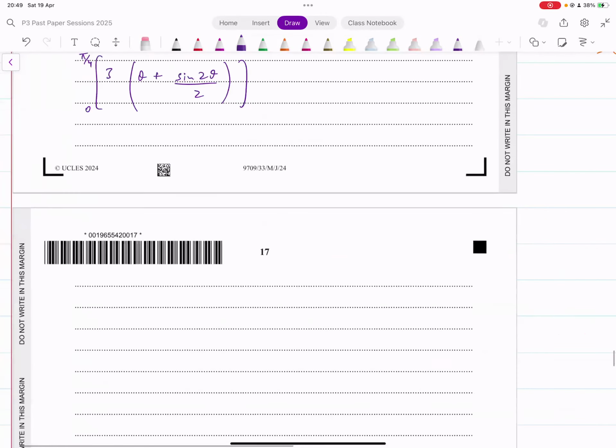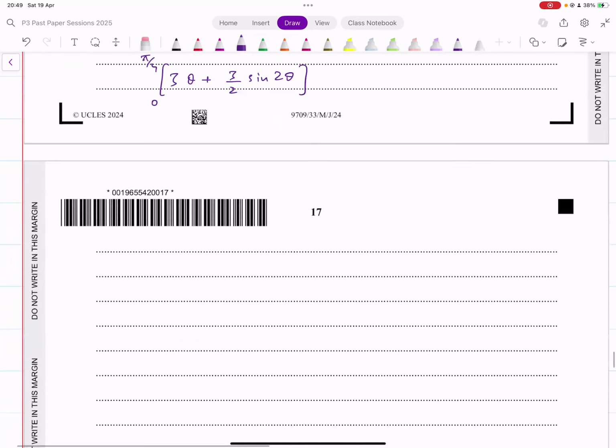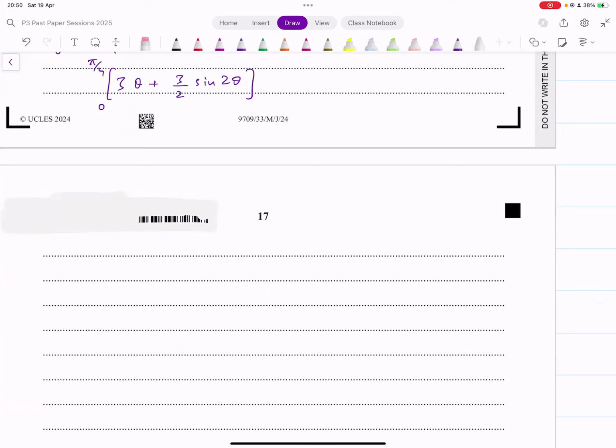Okay. What I'm going to do is simplify this first of all. So it becomes 3 theta plus 3 over 2 into sine of 2 theta. And now input the limits from 0 to pi over 4. Let's input those limits now. So first of all, we input pi over 4 as the limit: 3 into pi over 4 plus 3 over 2 into sine of 2 pi over 4.